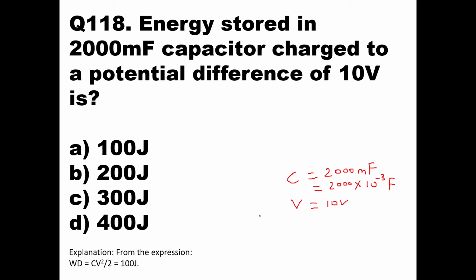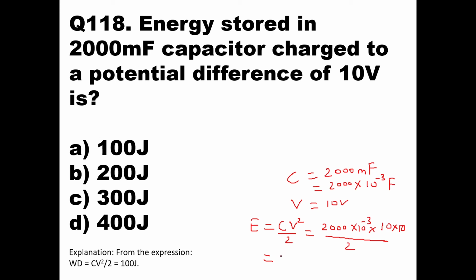Now from the expression, we know that the energy stored in a capacitor is equal to CV square upon 2. So this is nothing but C, which is 2000 into 10 to the power of minus 3 into V square. V square is 10 into 10, upon 2. 10 into 10 will go as 100.